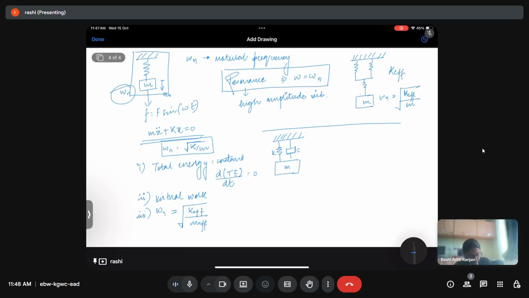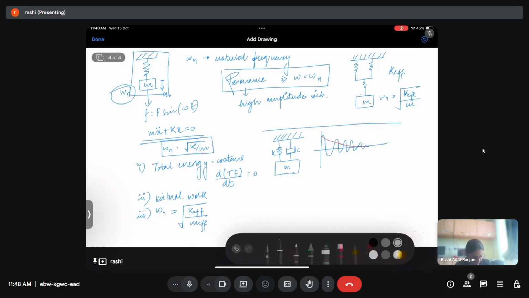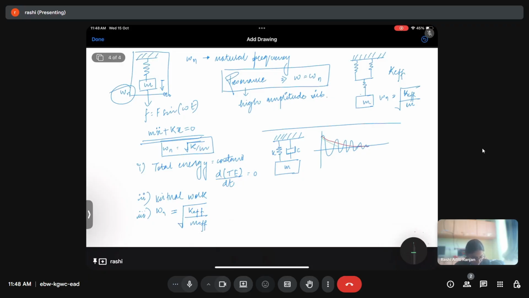Right? So if I give it some initial perturbation, it is going to damp out either like this or either like this or like this. These are the possible ways of damping.